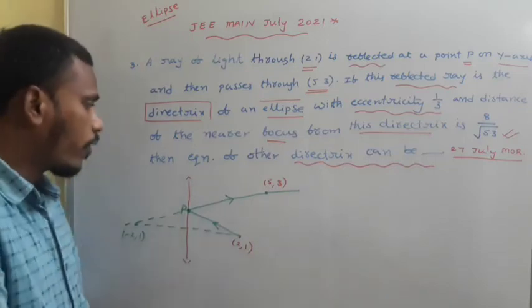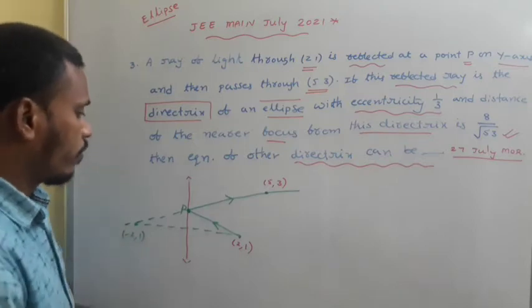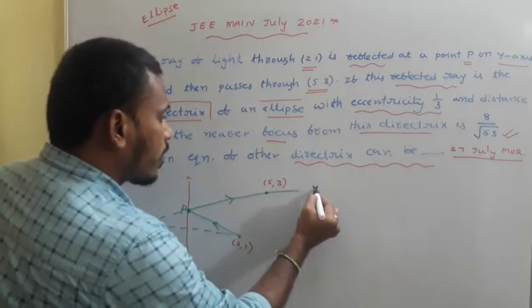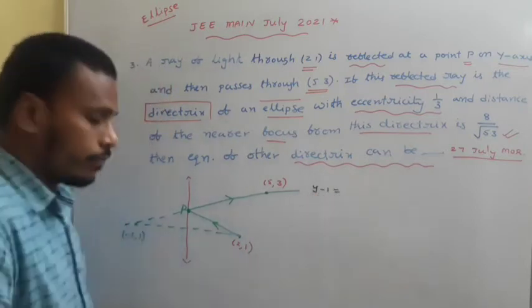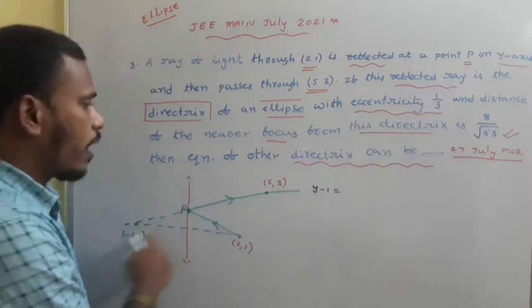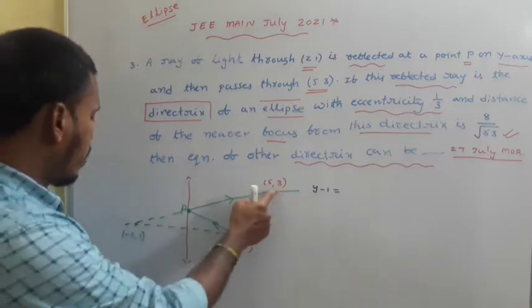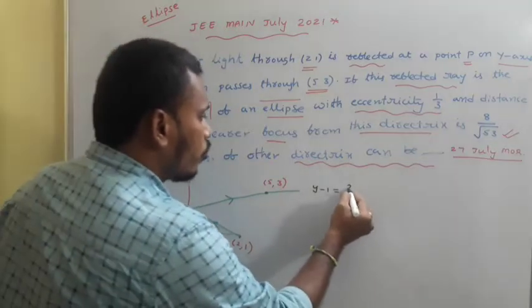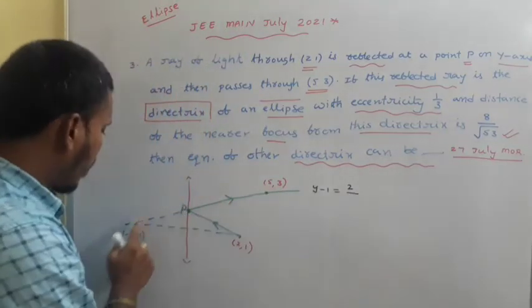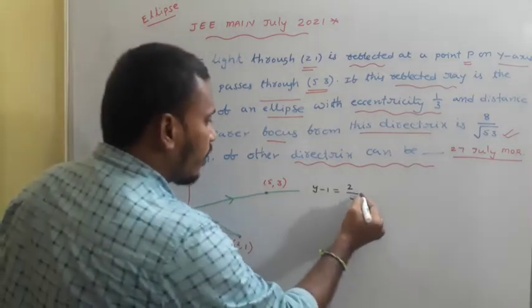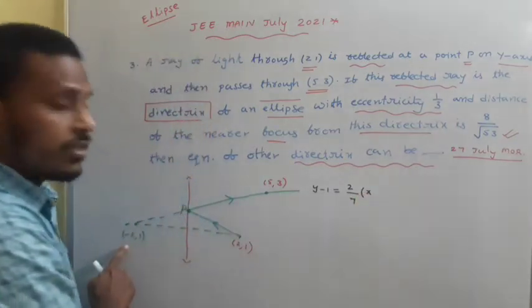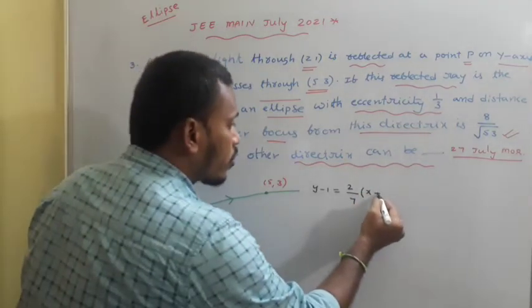Okay, so how to find that equation of the reflected ray now? y minus 1 is equal to, use this point, and slope is 3 minus 1, which is 2, divided by 5 minus of minus 2, which is 7, into x, since it is minus 2, minus of minus 2 is plus 2.